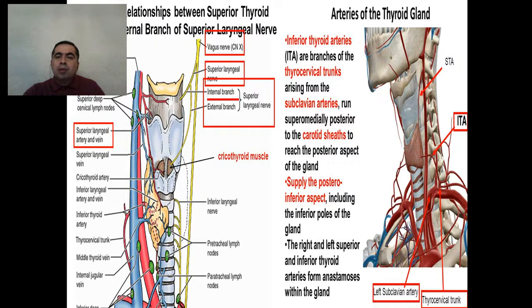It's a main important topographic landmark to reach the posterior aspect of the gland. It supplies the posterior inferior aspect, including the inferior pole of the gland. The right and left superior and inferior thyroid arteries form anastomoses within the gland.